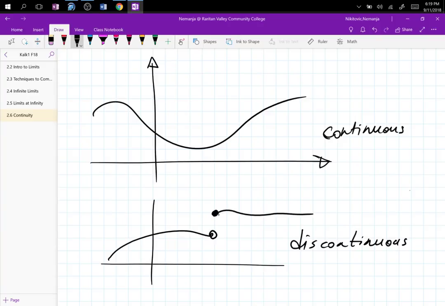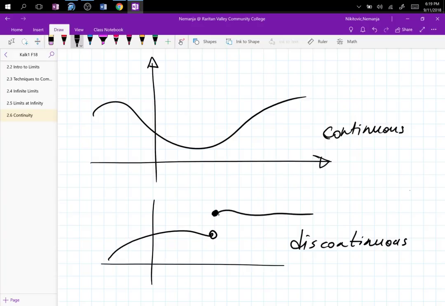Now, if you observe the surface from here to here, no problem, right? It's a continuous surface. As soon as it goes to the edge, discontinuity kicks in, not fun. This is a mathematical way to describe a cliff, right?